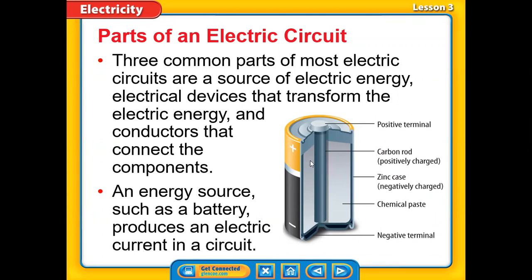This paste allows the reaction and transfer of ions and electrons between the negative and the positive pole, which leads to production of electric energy. After a while, as all the chemical substances inside the battery completely react, the battery will run out and will not be able to produce any electric energy.